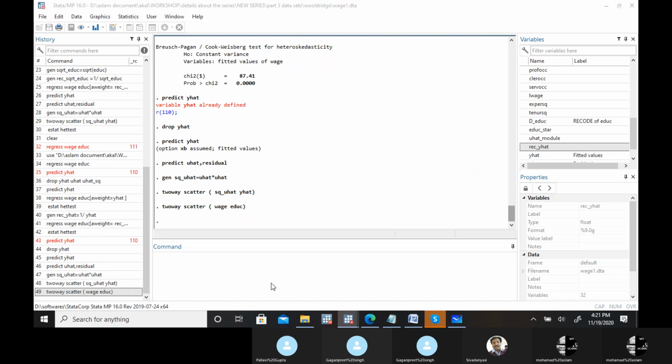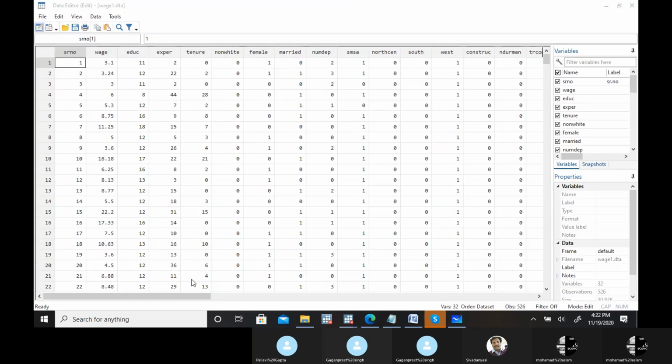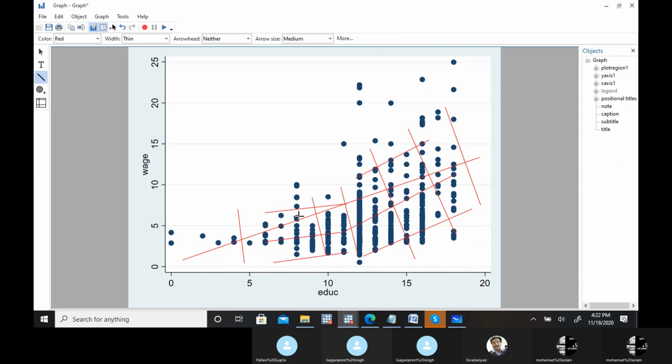For example, let's suppose in the wages you applied this box plot technique and you find that wages more than 15 are the outlier cases. So you just have to recode them, for more than 15, give any code like 9999, and next time run a regression without all those values.